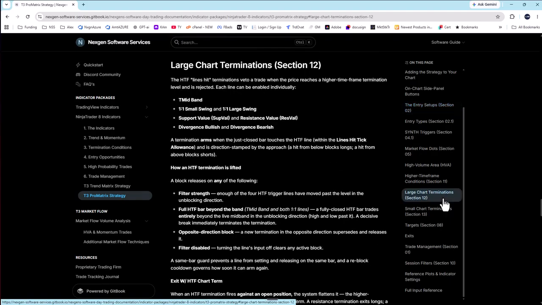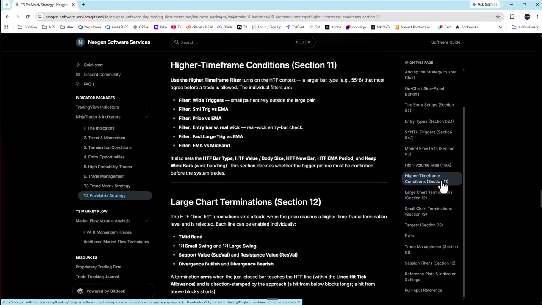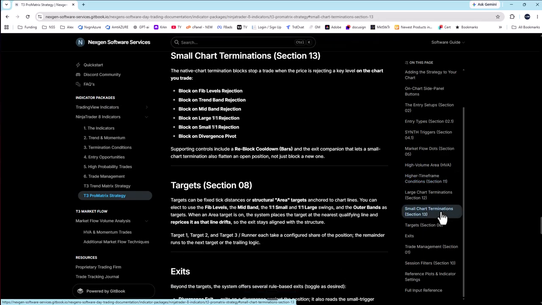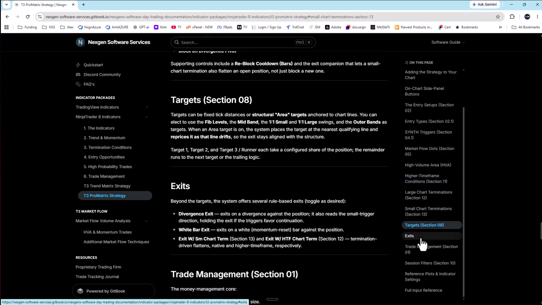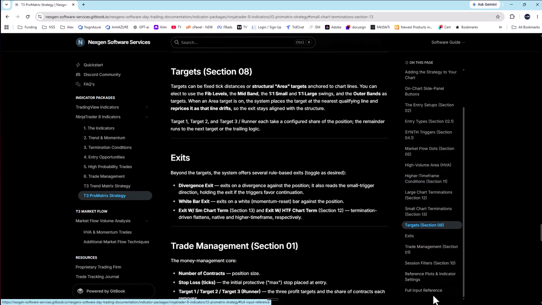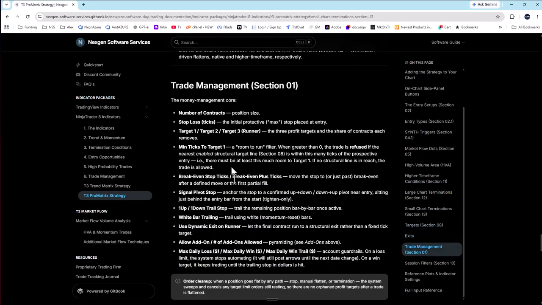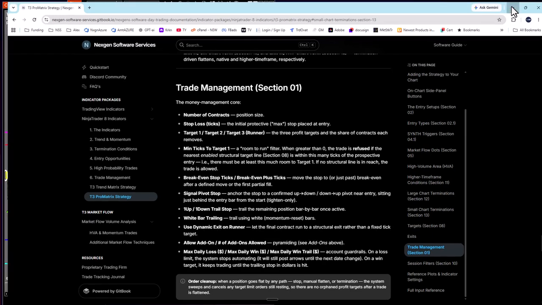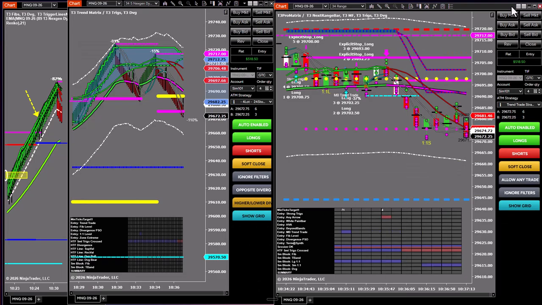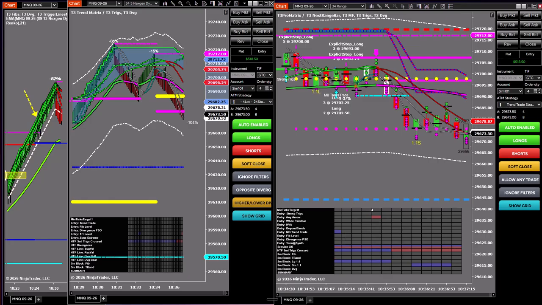You know, large chart terminations, higher time frame conditions, small chart conditions, exit logic, trade management logic, session filters. There's a lot of inputs, and everything is extremely well documented. So, do you have any specific questions about specific settings? I guess is a better way to go over it and look at it.